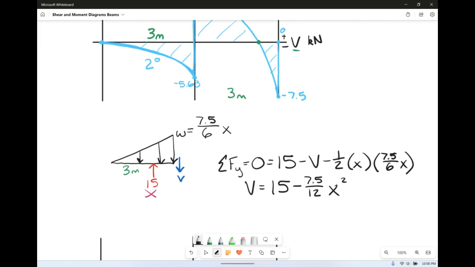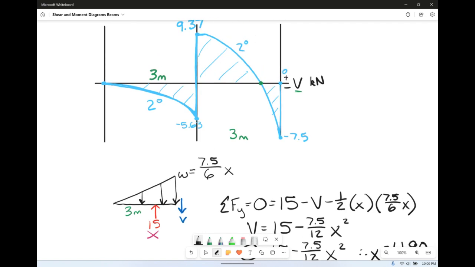Again, we want to know where shear equals 0, what does x equal? So our equation is 15 minus 7.5 over 12 times x squared. Move the 15 to the other side, multiply by negative 12, divide by 7.5, take the square root. We're going to get that x is equal to 4.90 meters.